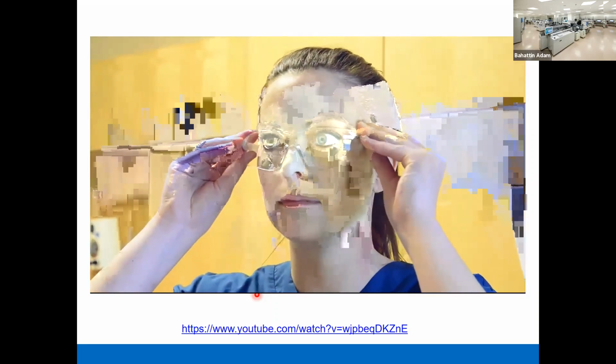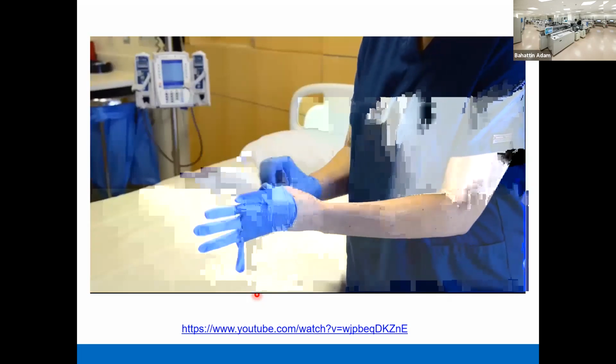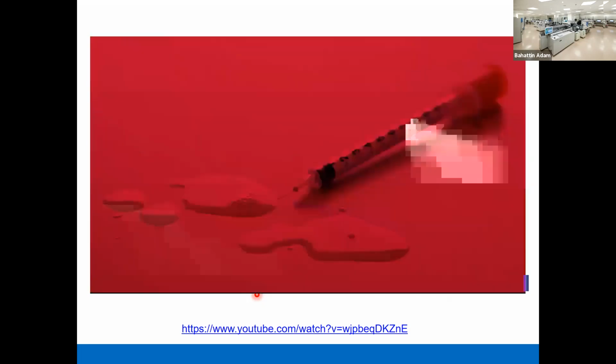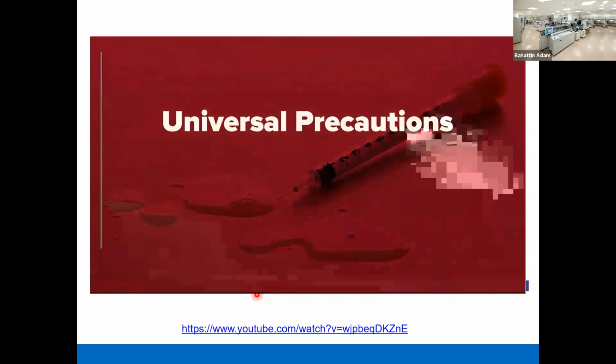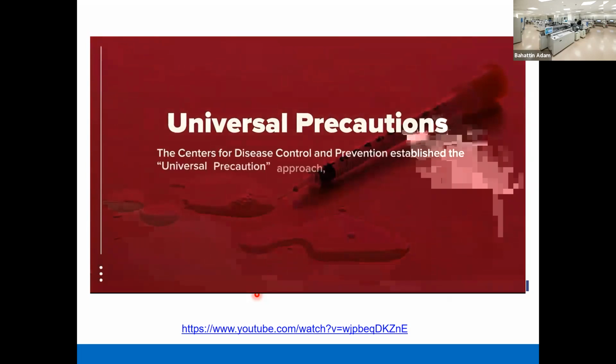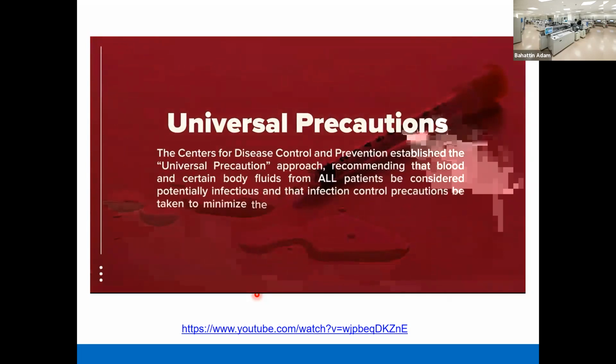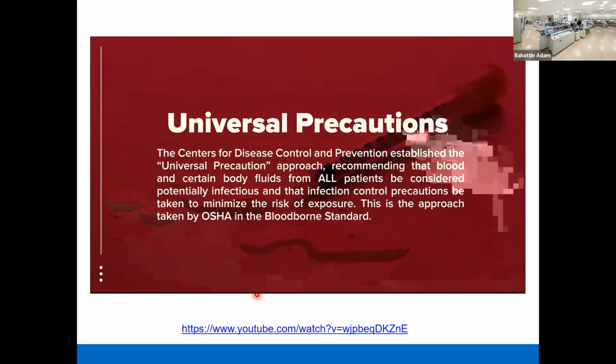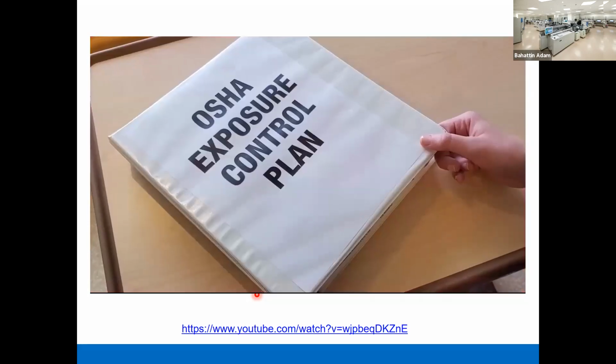But you can easily protect yourself from coming into contact with the fluids by following universal precautions. The Centers for Disease Control and Prevention established the universal precaution approach, recommending that blood and certain body fluids from all patients be considered potentially infectious, and that infection control precautions be taken to minimize the risk of exposure. This is the approach taken by OSHA in the bloodborne standard.